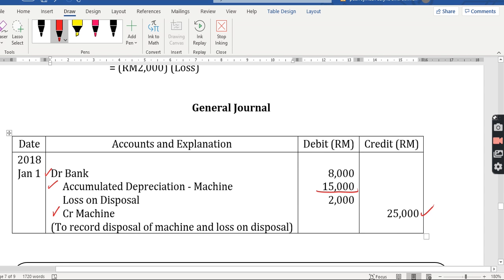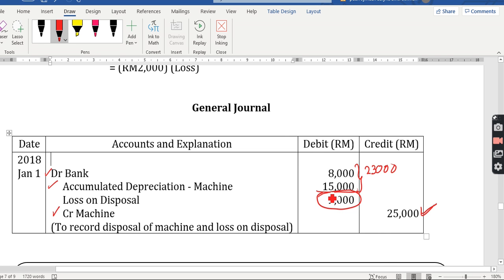So as you can see here, let's say you haven't calculated the loss, this 2,000 ringgit. You can see here on the debit side, you have 23,000, whereas on the credit side, you have 25,000. So you have a shortage of 2,000 ringgit on the debit side.